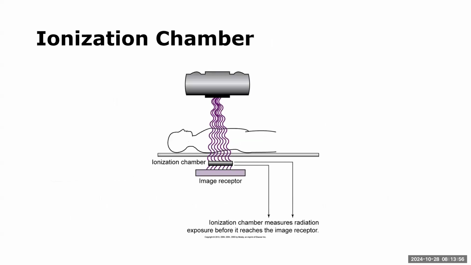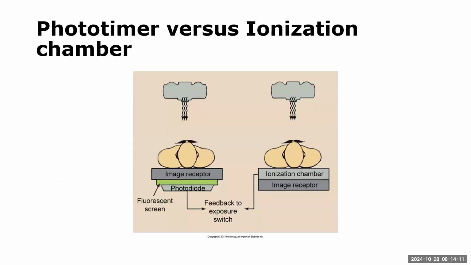So here is a picture of it. If you have your primary radiation directed at your patient, see how the ionization chamber lives above the IR with this type of technology instead of beneath it. This one is just a comparison picture so you can see each side by side.